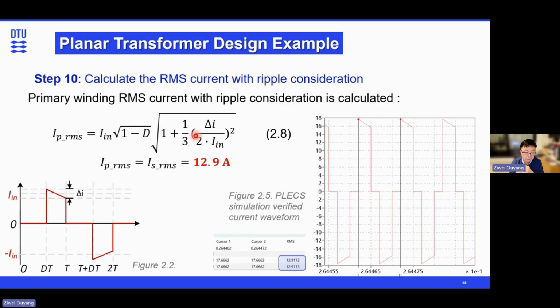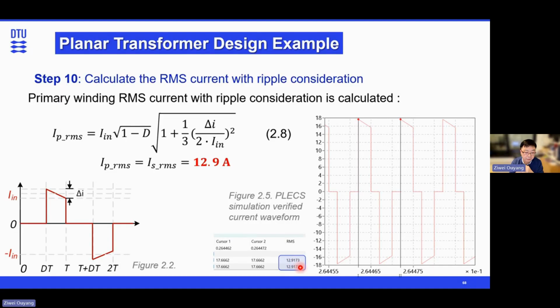This is a formula to calculate the RMS current for this current shape. So we get 12.9 amps for the primary winding RMS current, and we also used the Plexim simulation to verify our RMS current. You can see here that both primary and secondary have 12.9 amps RMS current.